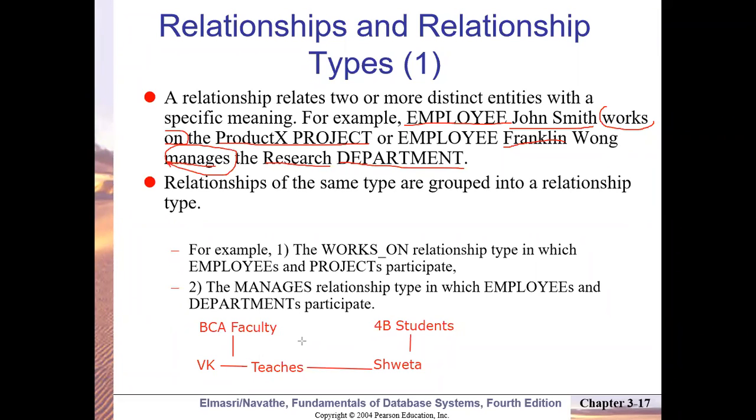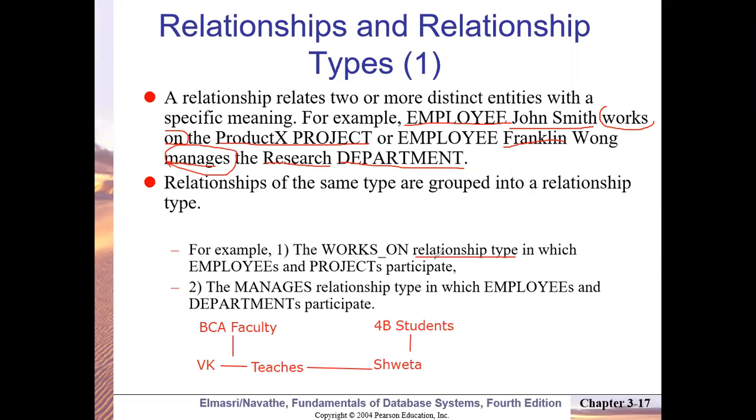So there are multiple relationships if you take individual relationships. Such common relationships, if you group them into one, are called a relationship type. What is it called? Relationship type. Fine. So relationships of the same type are grouped into a relationship type.